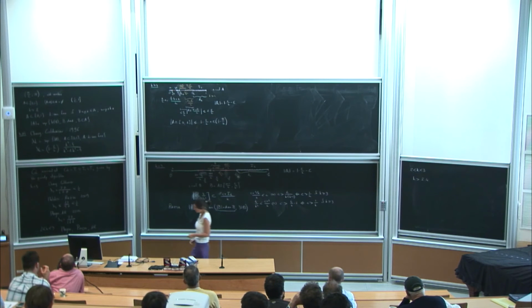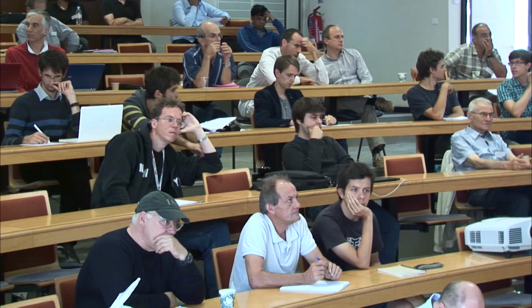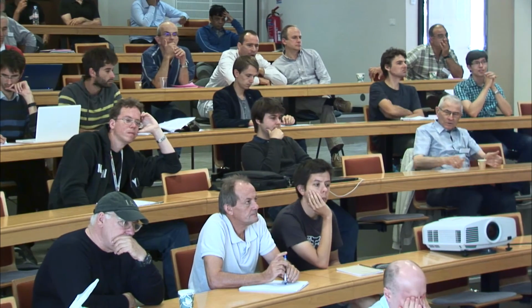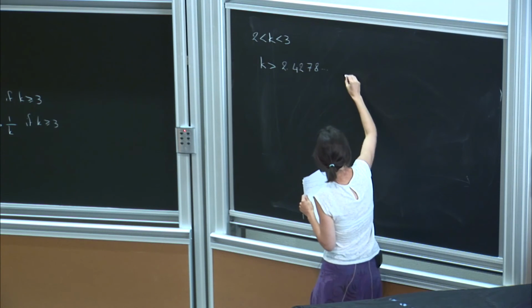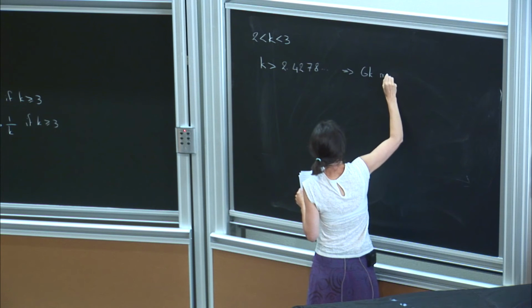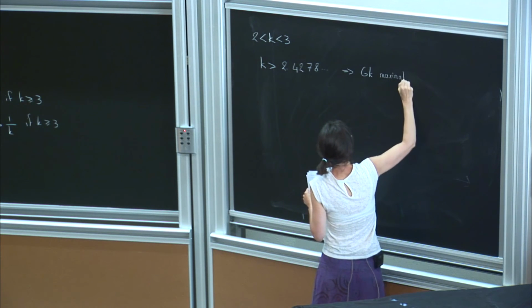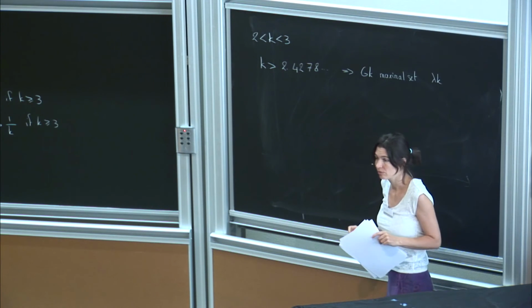I can't remember. 4278 something. Okay, so it looks like for that we have GK, which is the maximal set, and then lambda k, which is the maximal size.